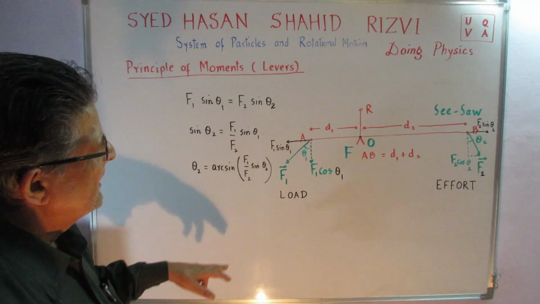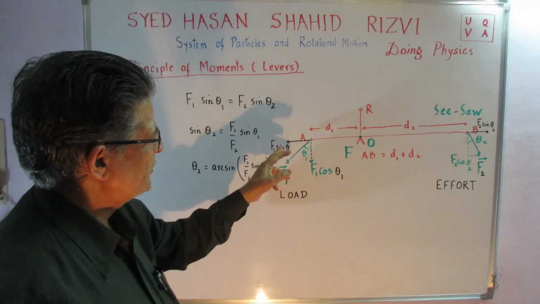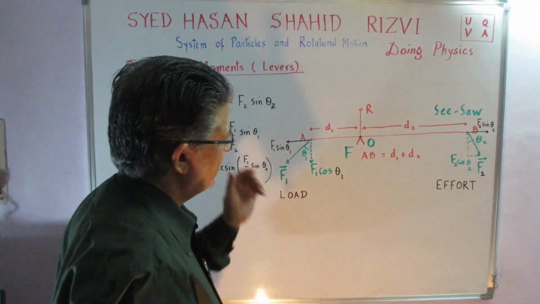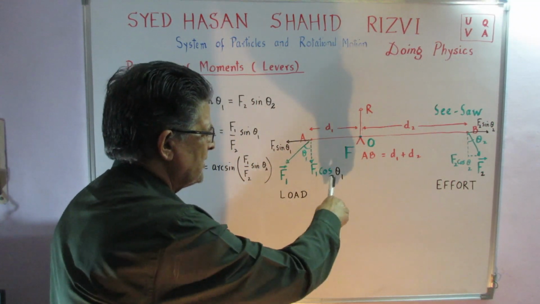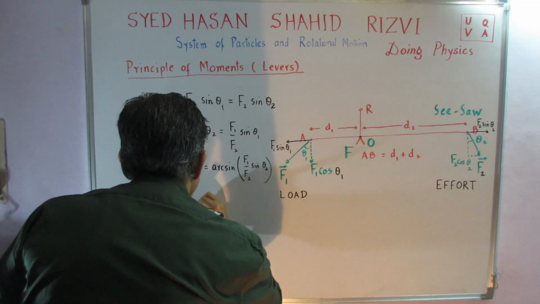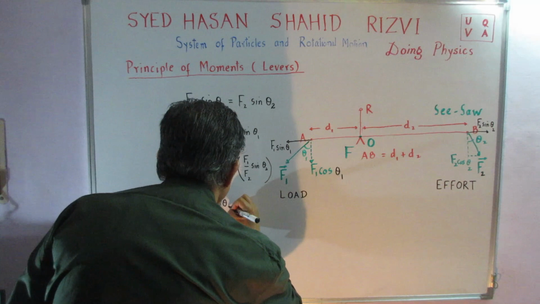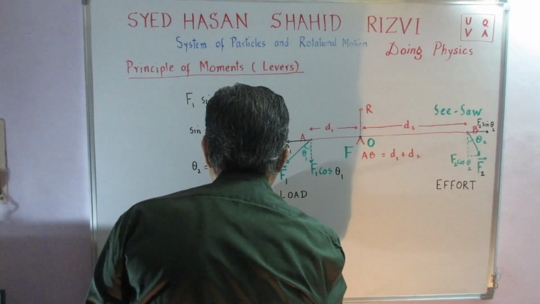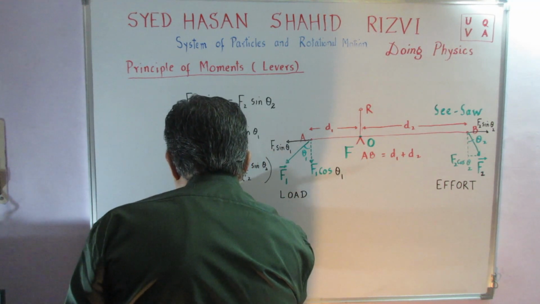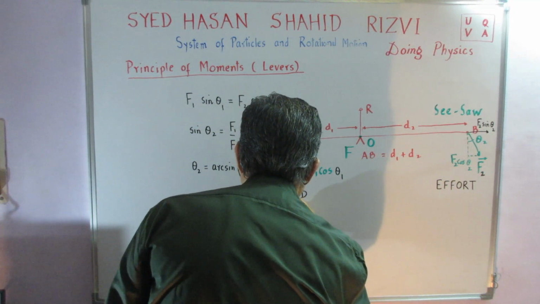And of course, once this resolved component cancels this resolved component, we are left with a new force, F1 cos of theta 1 here. So I can write F1 cos of theta 1 into D1 should be equal to D2 into F2 cos of theta 2.